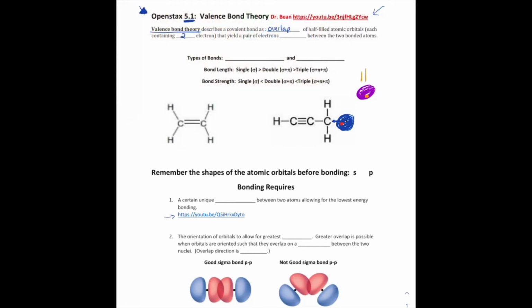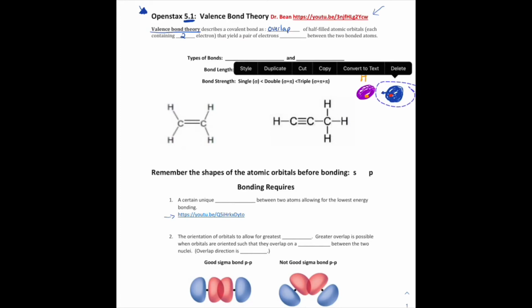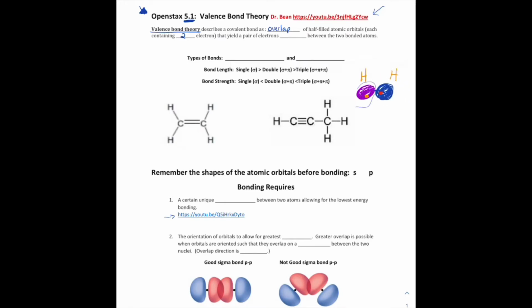So if this is a hydrogen, instead of just drawing a line between the 2 hydrogens and saying, hey, look, these are a bonding pair, what we say is this guy gets close and then this guy gets close. And that is overlap. See, because they are thus overlapped. So not a tricky thing. It just seems weird at first.